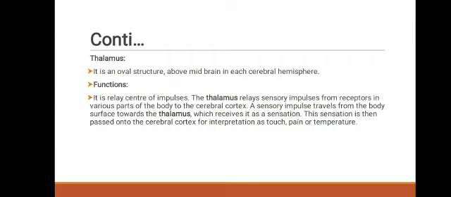A sensory impulse travels from the body surface towards the thalamus, which receives it as a sensation. This sensation is then passed on to the cerebral cortex for interpretation as touch, pain or temperature.